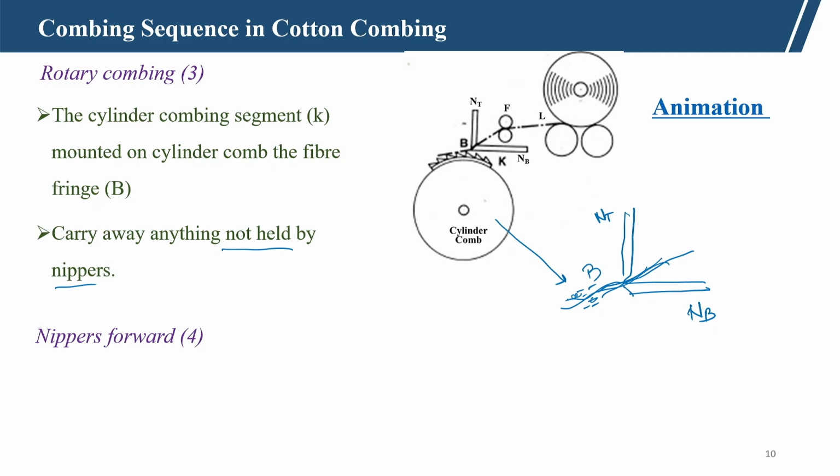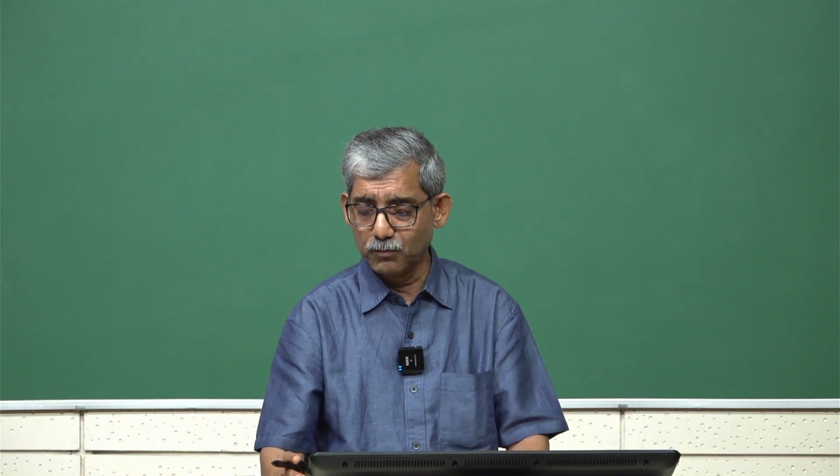Now, the nippers move forward. The nippers close when the nipper is at the backmost point. The nipper moves forward and backward. During the forward movement the nipper gets opened, and during the backward movement the nipper closes. So at the backmost point the nipper is closed, so that the cylinder comb comes into action and combing takes place.